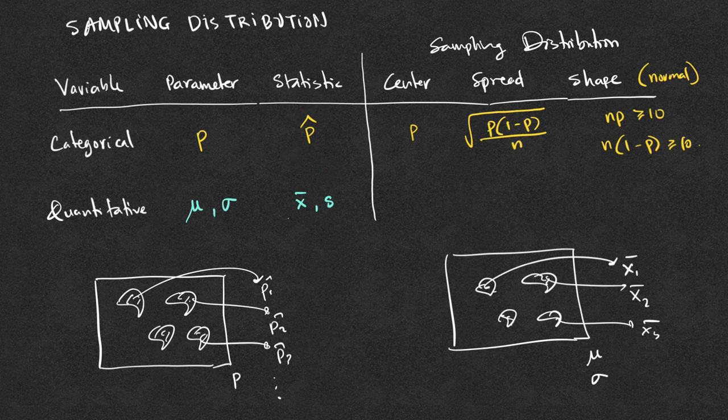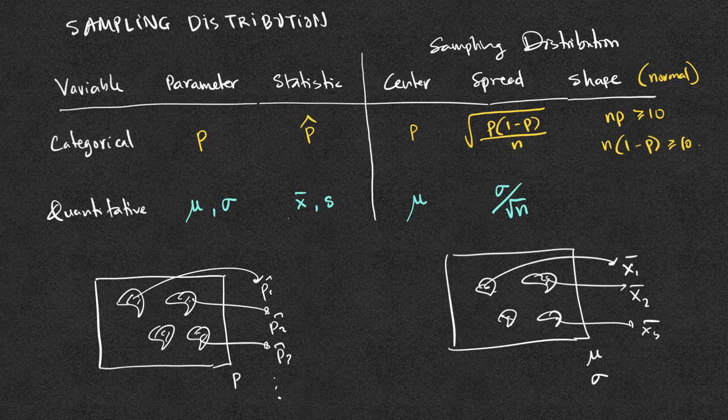We expect the sample to have its mean, or center, at the population mean, which is mu, but the standard deviation is smaller than the population standard deviation, and that is sigma divided by the square root of n. The shape is normal if the distribution was already normal.